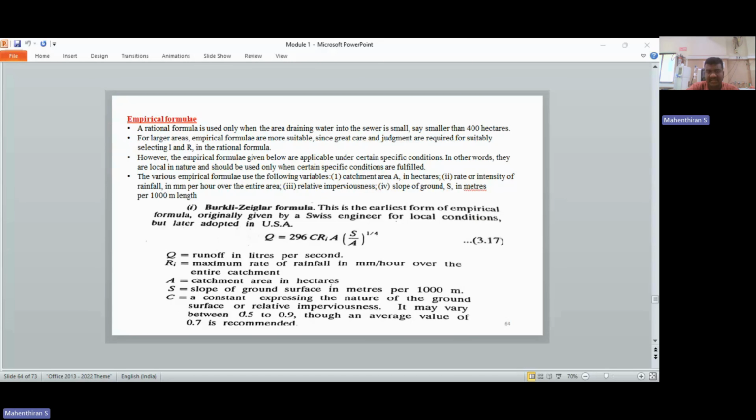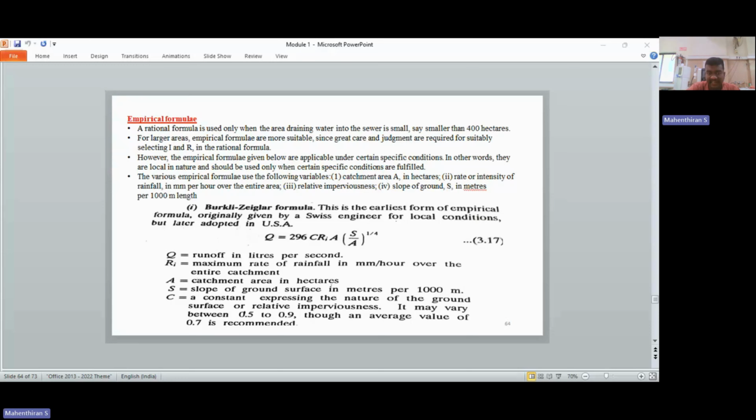Let me help you understand what this formula is telling us. Here, Q increases when C increases, because an increase in C can be related to more impervious surface. When Ri increases, it denotes heavier rainfall.